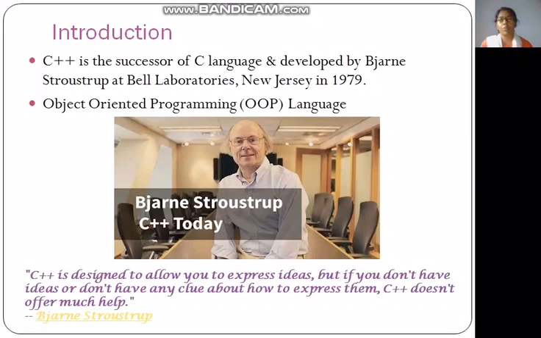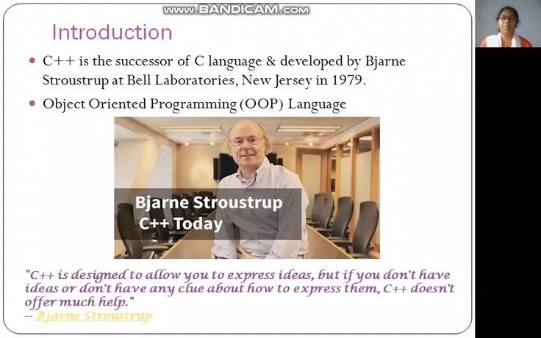Before getting into our topic, first let's see who developed this C++ programming language. It was developed by Bjarne Stroustrup at Bell Laboratories in 1979. He developed this language as an object-oriented programming language.